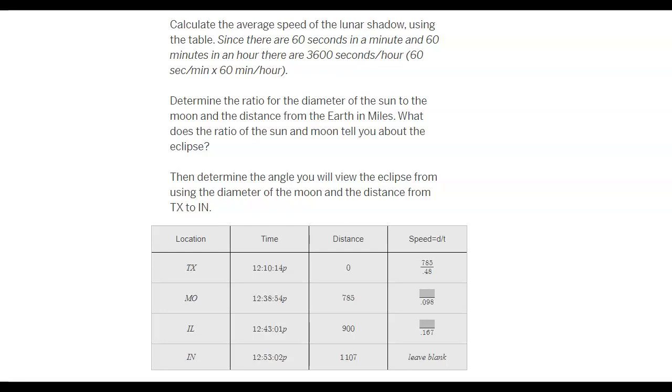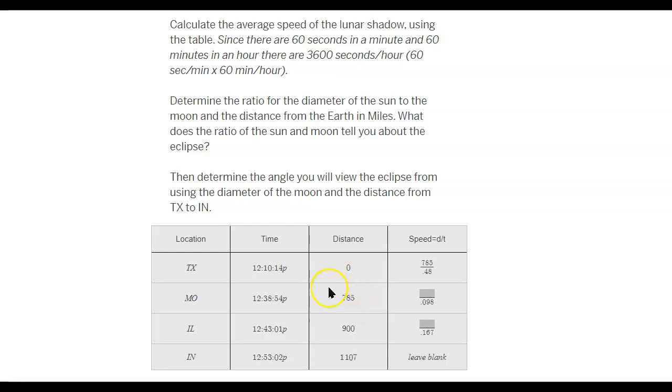We're going to determine the ratio for the diameter of the sun next, but let's go ahead and look at this table. So in Texas, the eclipse is going to hit at 12:10 and 14 seconds. That's going to be 785 miles from Missouri.